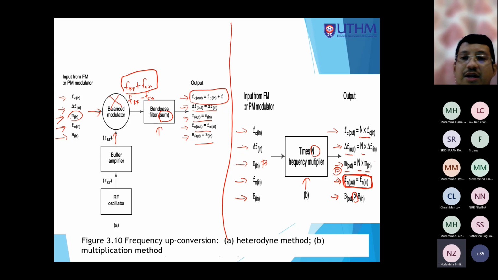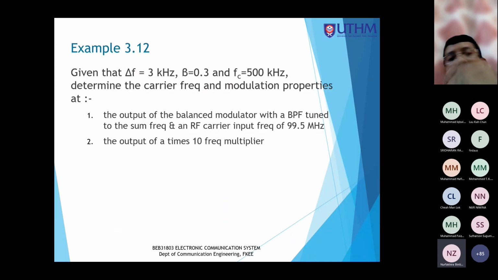Okay, and let's see an example. This is an example of up conversion. We are given a delta F of 3 kilohertz, beta of 0.3, and a carrier frequency of 500 kilohertz.